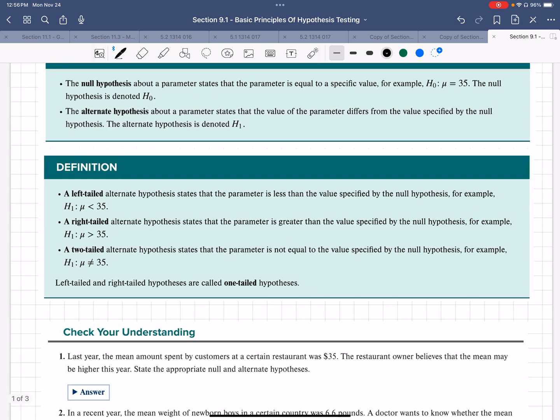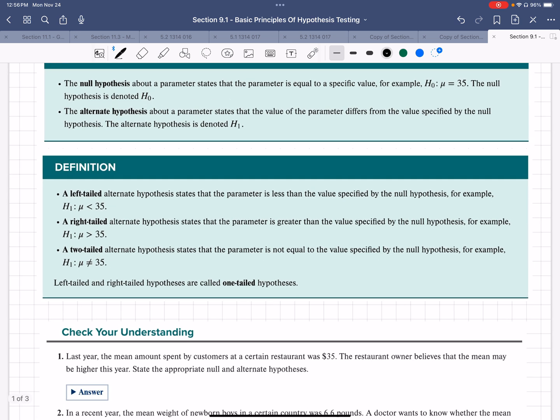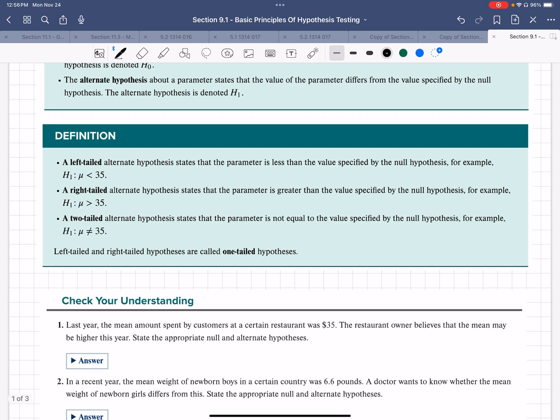And that's where we get the left-tailed, the right-tailed, and the two-tailed alternate hypothesis. If we have a left-tailed alternate hypothesis, this says that mu is less than 35. If we have a right-tailed alternate hypothesis, this says that mu is greater than 35. And if it's two-tailed, we just know that it's not equal to whatever they say mu is.